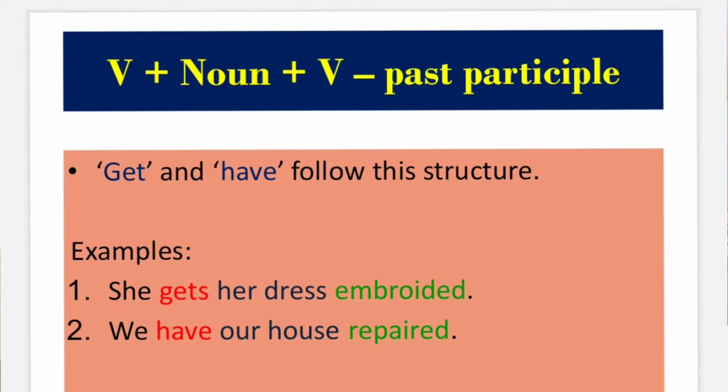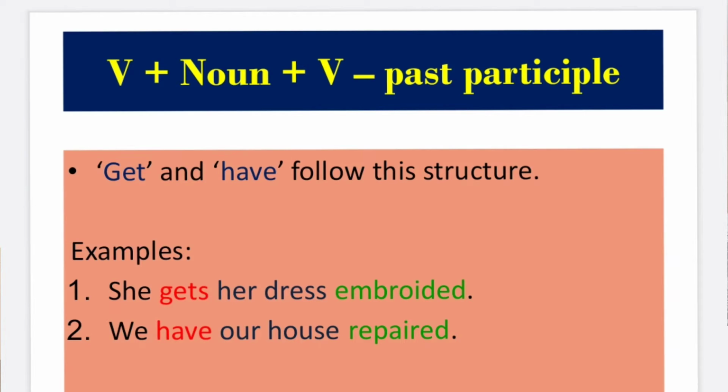If there had been any other verb than gets, embroidered must have been something different. Exactly the second example, have our house repaired. And in these two sentences, or in this structure, the action is usually done by somebody else, not the agent, not the subject. I got my hair cut means I didn't cut it myself, but I got it cut by somebody else.